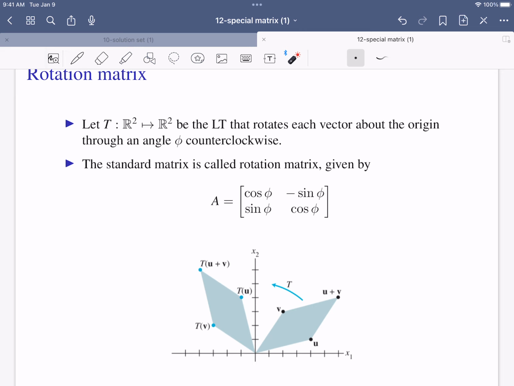This rotation is a linear transformation, and we can have a rotation matrix. It depends on how much you want to rotate. So if the rotation is phi, then the rotation matrix is given by this form in terms of phi.